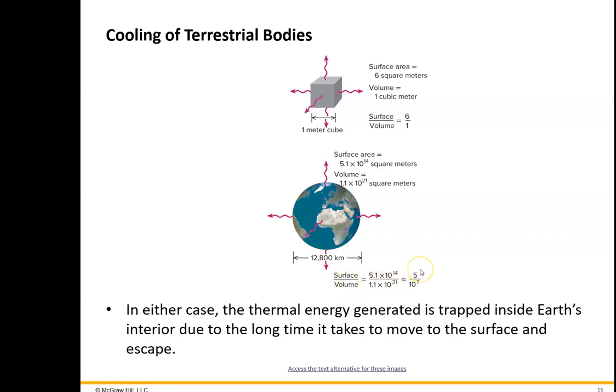If you compared the ratio of the surface area of the Earth to its volume, to the three-dimensional space that it takes up, the surface area to volume is tiny compared to a cube. A cube, if it was hot in the interior, would radiate that heat out into space very, very quickly. Whereas the Earth, because it has so much greater volume than it does surface area, because it's a sphere, it retains heat.